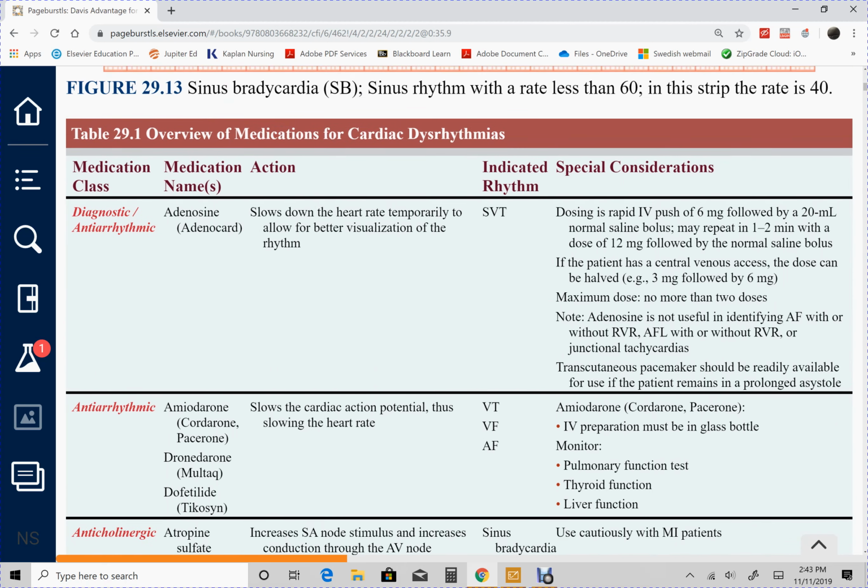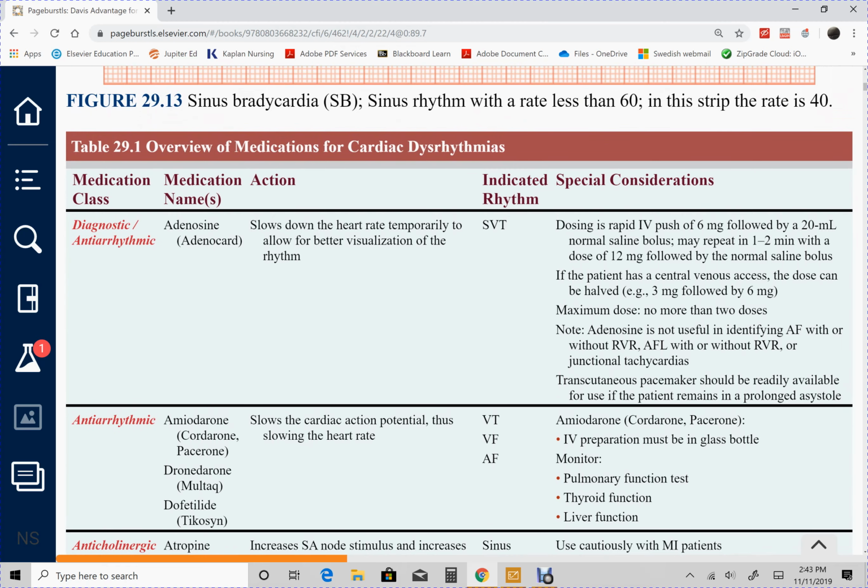This will cover most of the dysrhythmias under chapter 29. Of course, some of these causes are later in the chapter, so please refer back to table 29-1 for the medications. For instance, when we get to SVT later, the medications are also discussed under that section, but always refer back to table 29-1 for the exam questions.